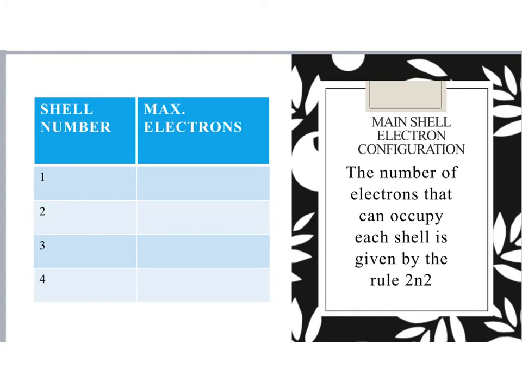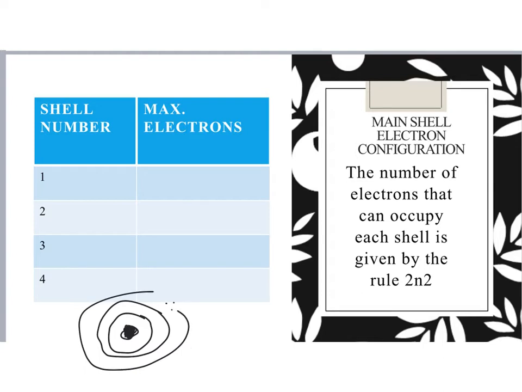When we're talking about electrons and electron configuration, you would have heard about the model of an atom, where you've got the nucleus and shells around the nucleus, and you would have also learned how to write electron configurations.